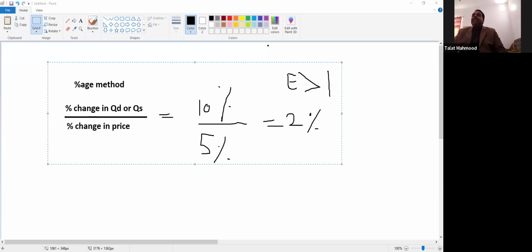So here comes the next thing, the market economic system. In the market economic system, all the decisions are set by the forces of demand and supply. We learned in our previous lecture how in a free market economy the price is set by the forces of demand and supply.